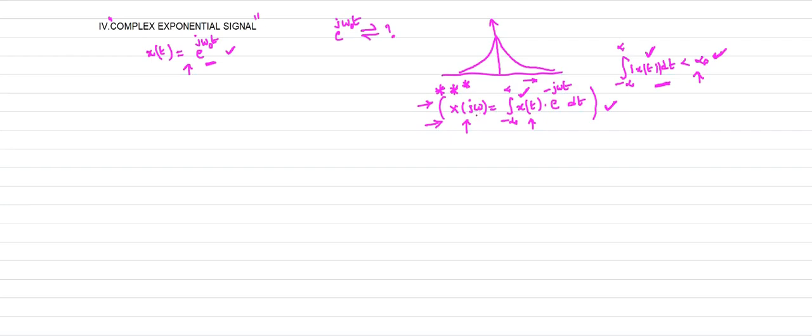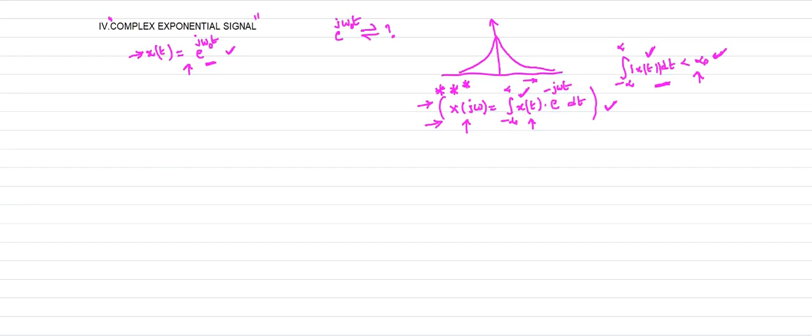I already told you there. Even though the signal is not absolutely integrable, we can still find out its Fourier transform using a separate procedure. That's why these Dirichlet's conditions are not necessary conditions, but are sufficient conditions.